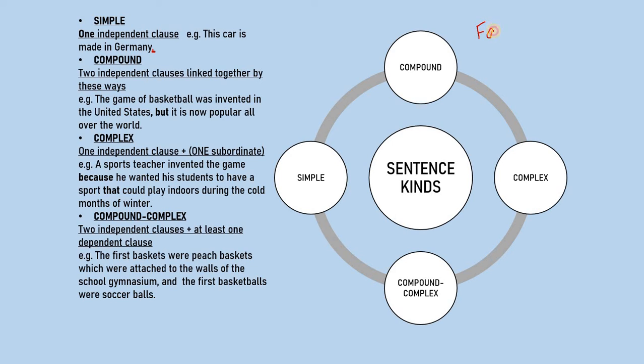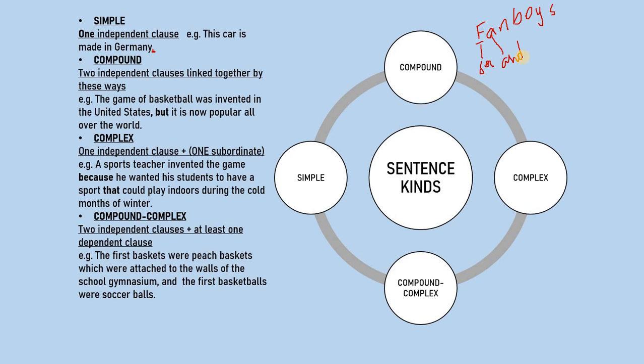Each letter means something: for, and, nor, but, or, yet, and so. I'm not going to write all of them because I have already mentioned them before. So these are the compound sentences.